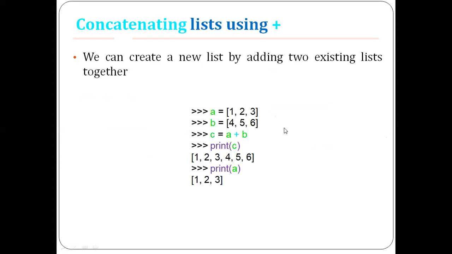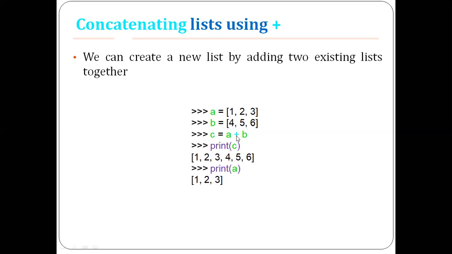And also you can concatenate two lists as well, right? So we can create a new list by adding two existing lists together, something like your string. So look at this one, I have two lists, that is A and B. A is having 1, 2, 3, and B is having 4, 5, 6, and I can concatenate it.